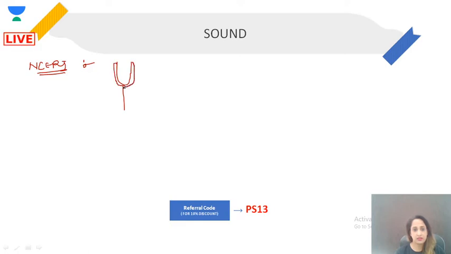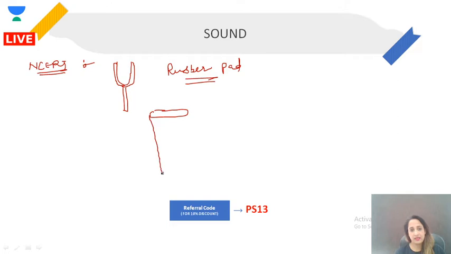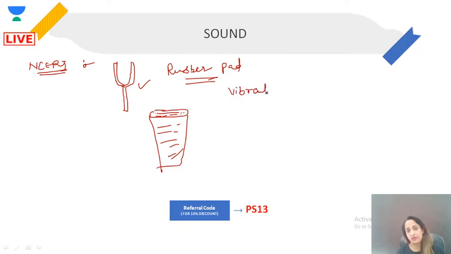You hit it on, let's say, a rubber pad, and you try to bring it closer to, let's say, a glass of water. So this is a glass full of water, and you will see that when you hit it on a rubber pad, it starts vibrating. So this is very important. It starts vibrating.